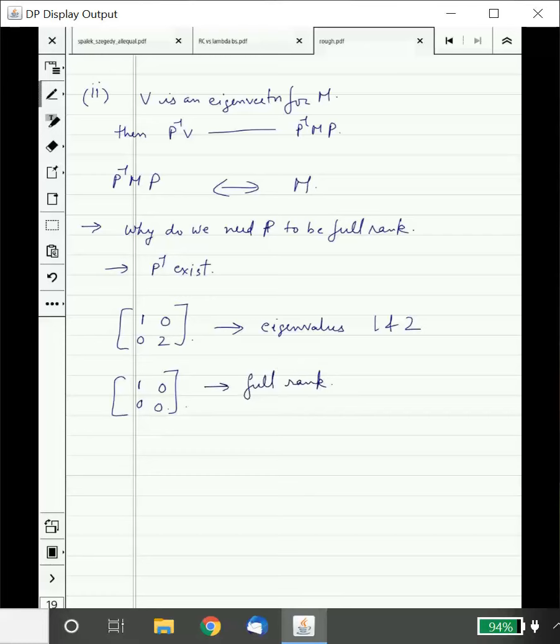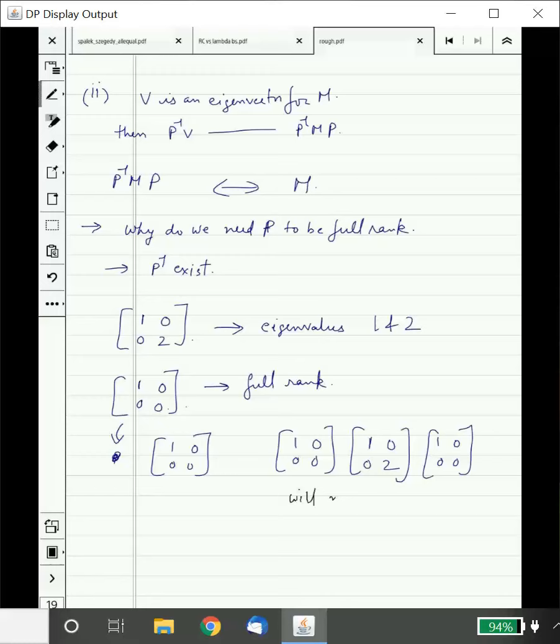Now, even if I take the pseudo inverse of this matrix, which will again be 1 0, 0 0, you will see that this product will not have the same eigenvalues, will not have 1 comma 2 as eigenvalues.